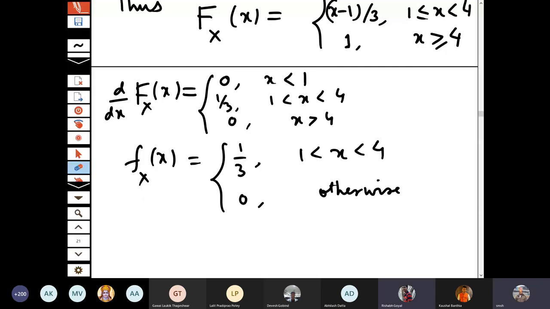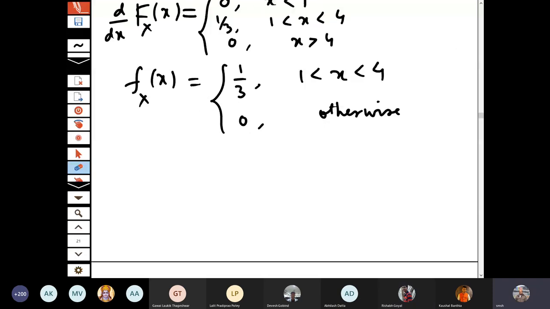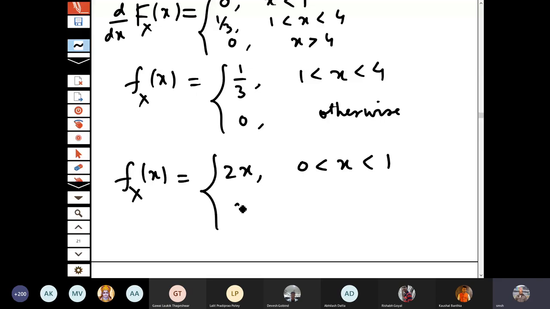Let us look at the second one which I had given. 2x for 0 less than x less than 1, 0 outside this interval.